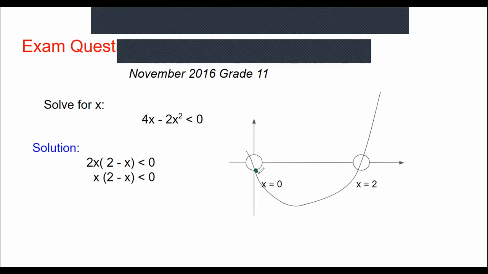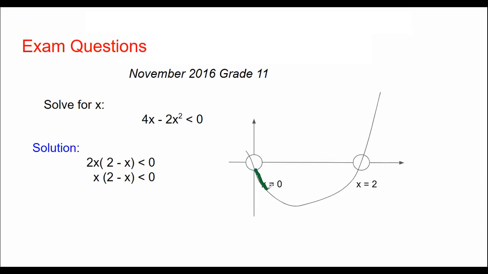So it's this entire set of points. So it's this entire part of the graph that doesn't include the points on the x-axis. So it doesn't include x is equal to 0, and it doesn't include x is equal to 2. Since it's less than 0, it means it's beneath the x-axis.